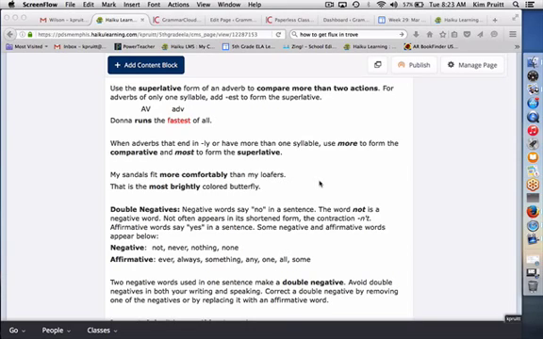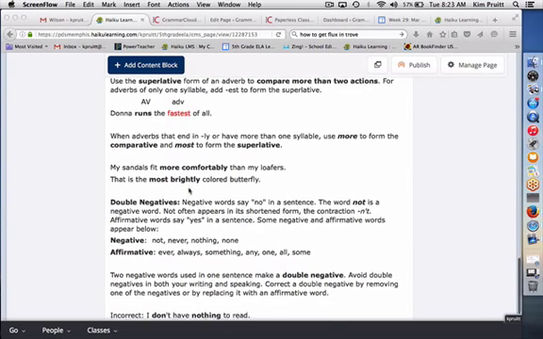You just can't do that. So you are removing the ER from the end, and you're putting more in the place of that. And the same with this next example. That is the most brightly colored butterfly. You wouldn't say that is the brightliest colored butterfly. You have to put the most. Of all butterflies, we would use most, putting most in front of brightly.